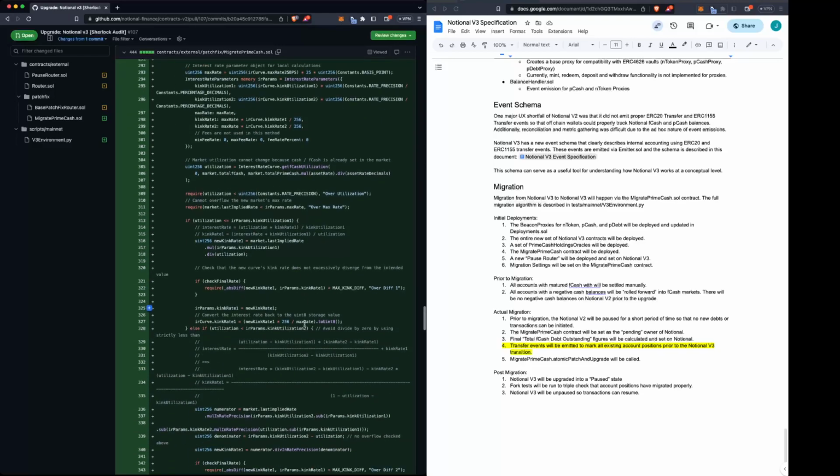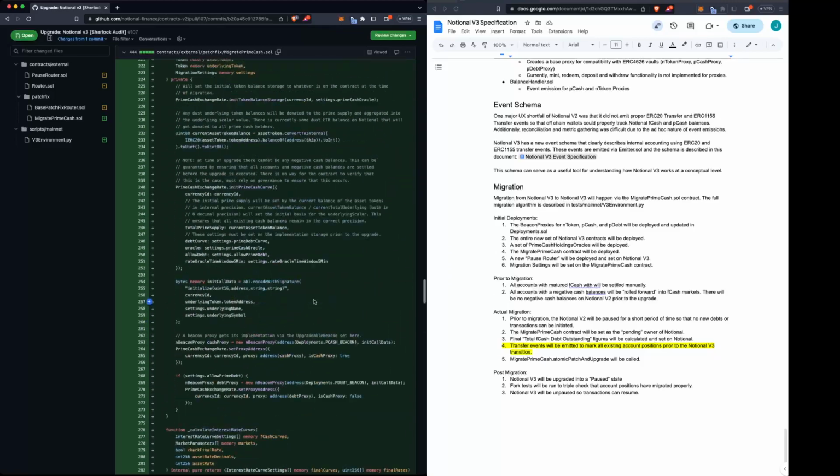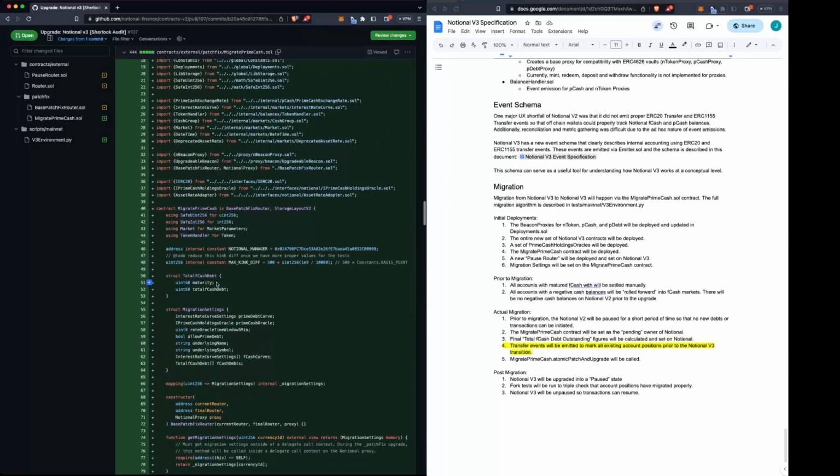There's some math in here to do that, and there's a to-do statement here, because we haven't finalized exactly how the curve is going to be set before and after the migration.